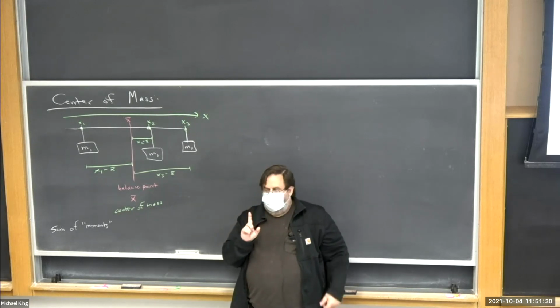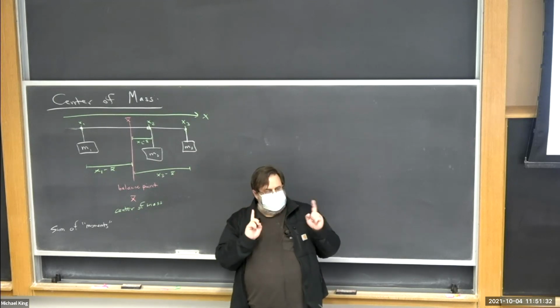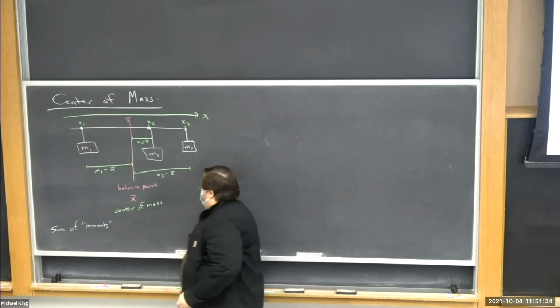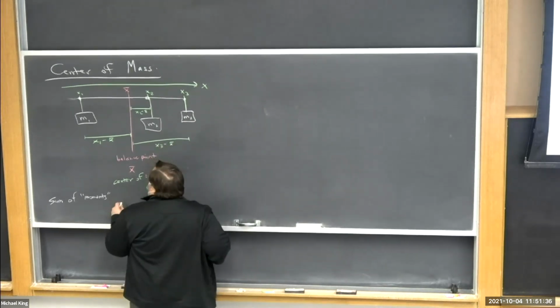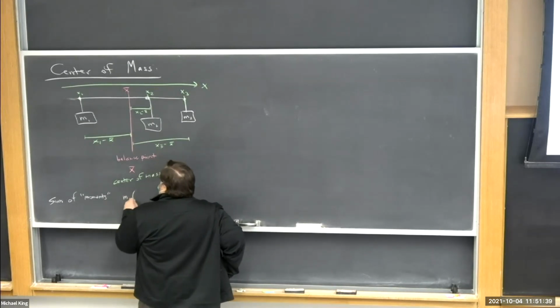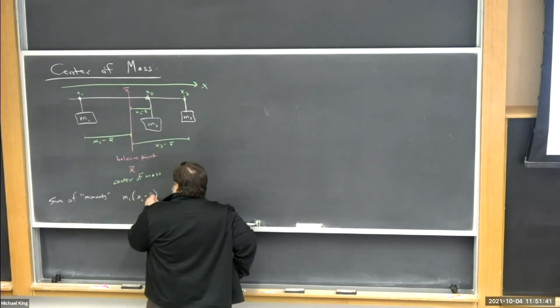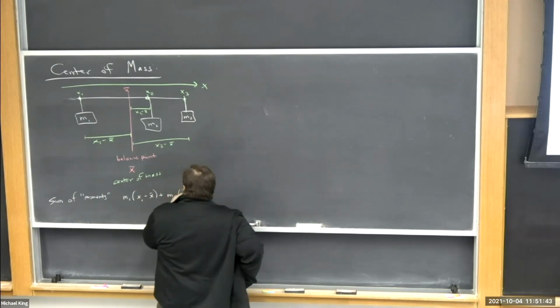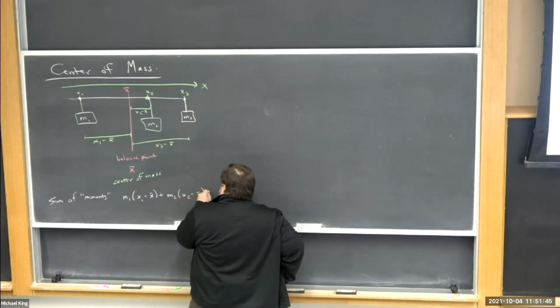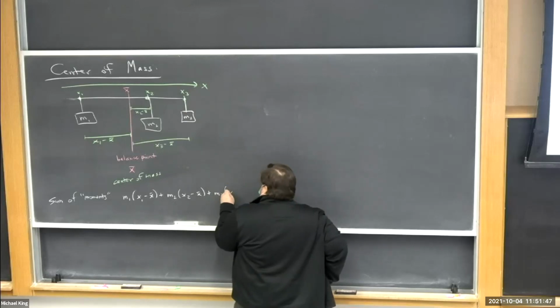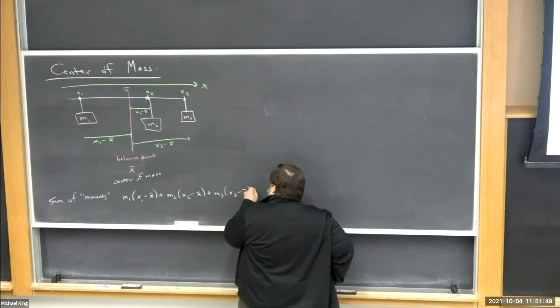So it's not just the weight, but the weight times the distance from the center. So the sum of the moments is m1 times (x1 minus x bar) plus m2 times (x2 minus x bar) plus m3 times (x3 minus x bar) equals 0.